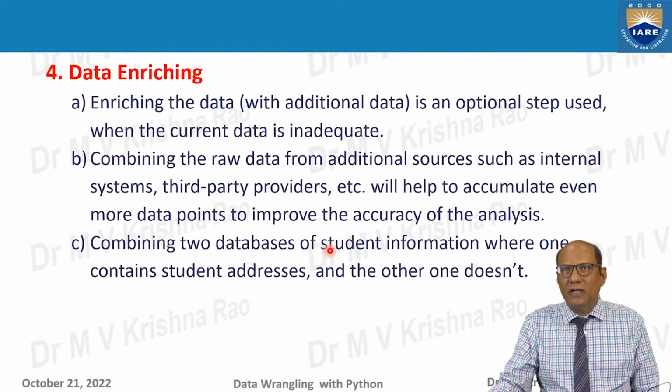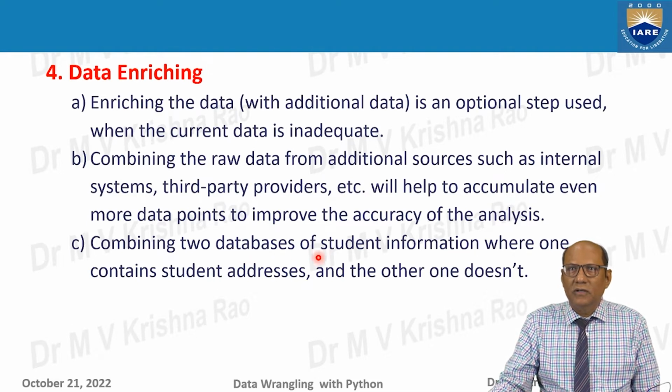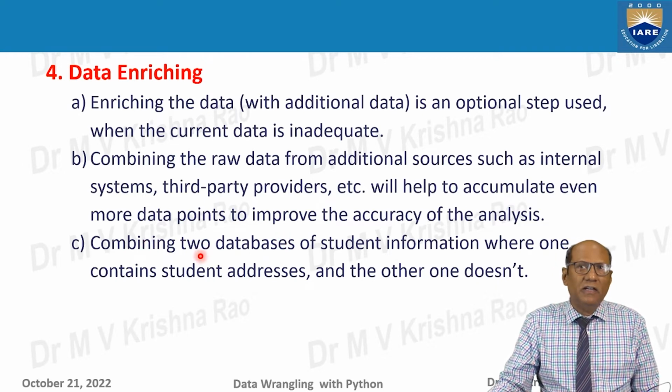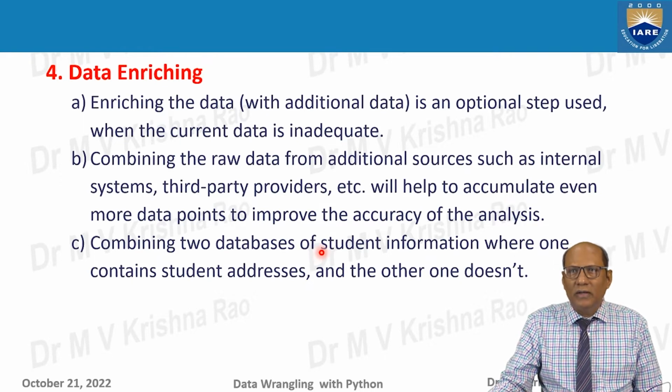Combining two databases of student information is another example. Not only from data files, from databases also you can enrich the data. Let us say some data is in a CSV file, and some other data is in a database. You can merge these two, anchoring to one attribute.